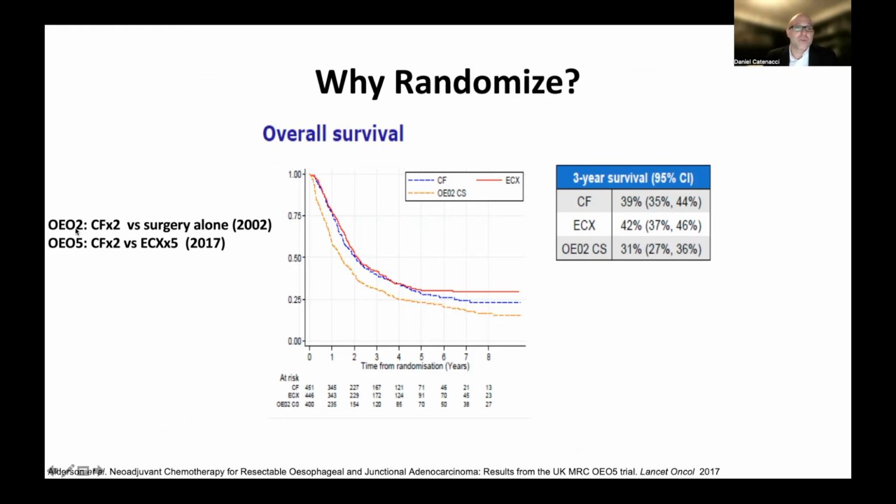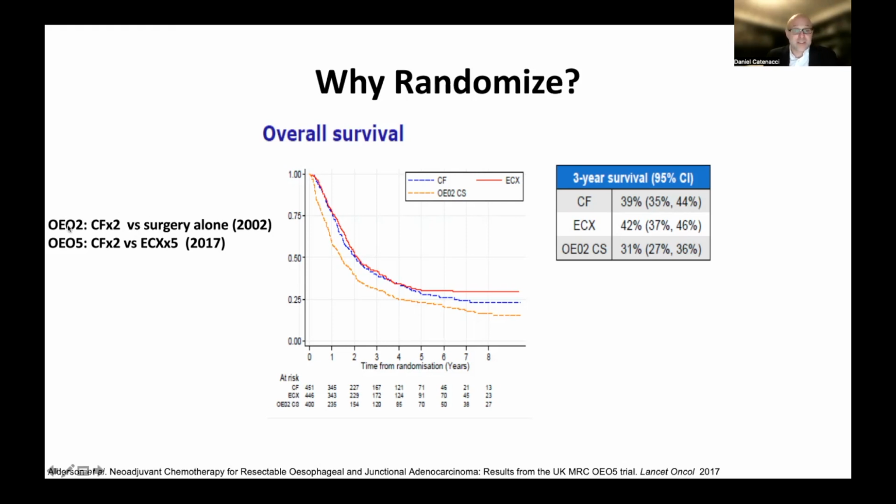OEO2, the second study of this group, was looking at, in the curative intent setting, chemotherapy with cisplatin 5-FU for 2 cycles, then surgery, versus surgery alone. This was the standard of care at the time, and this was published in 2002. Because it showed benefit, this became a new standard option.